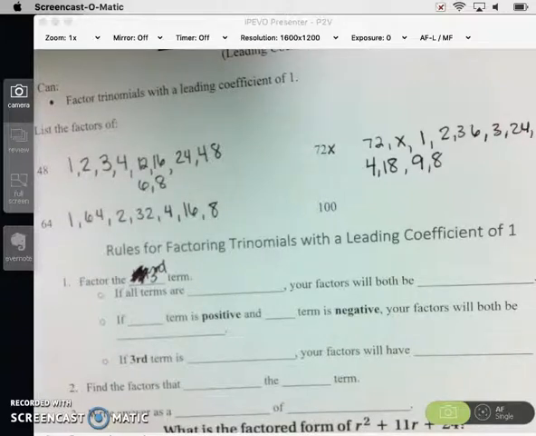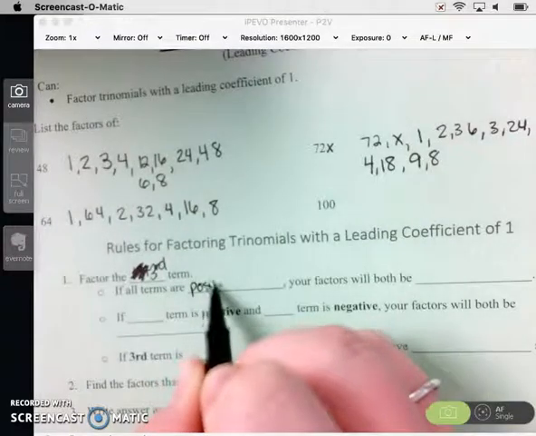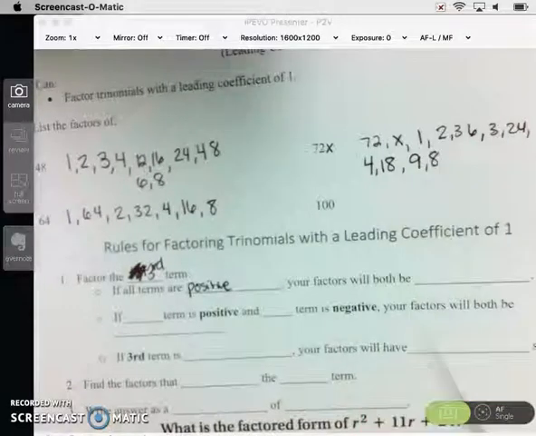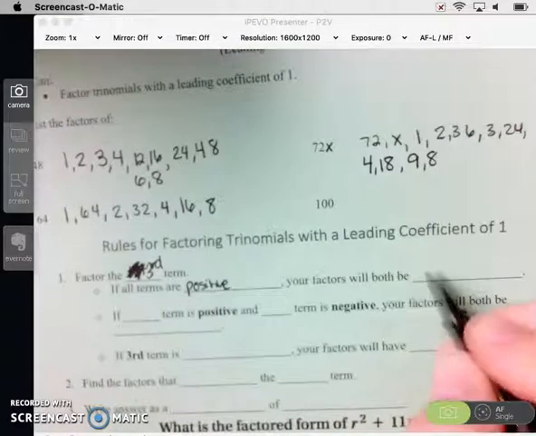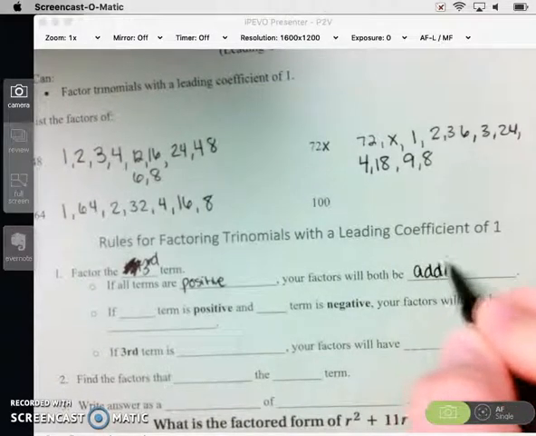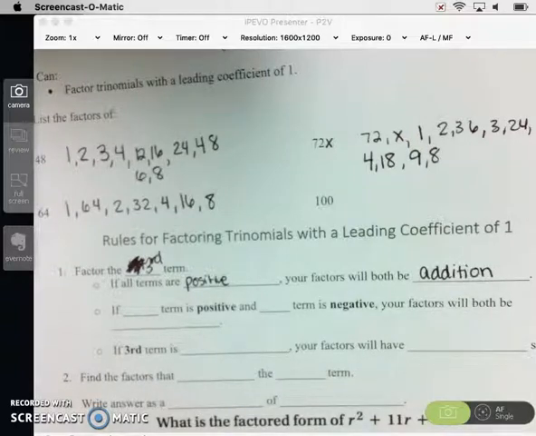Okay, if all the terms are positive, your factors will both be addition, meaning your binomials will both be adding in them.